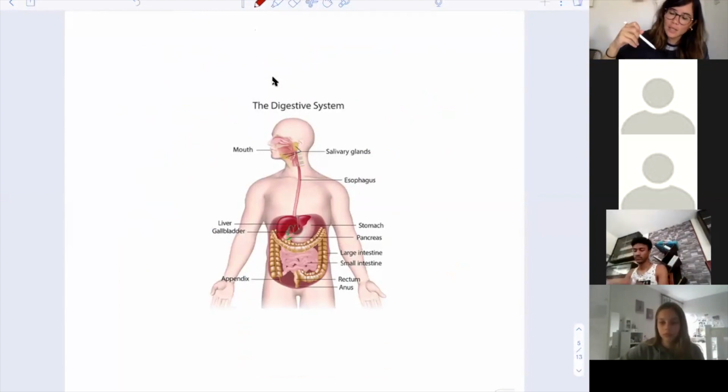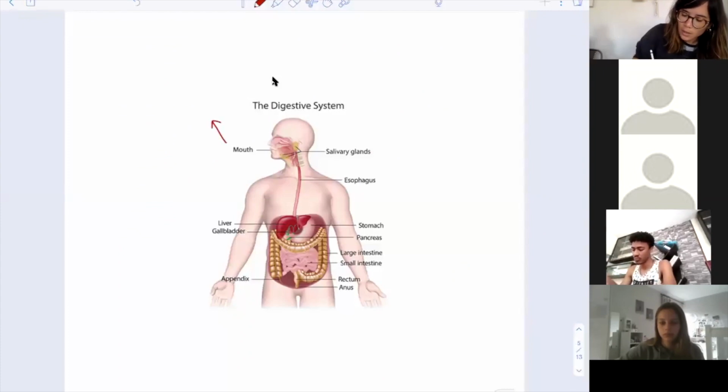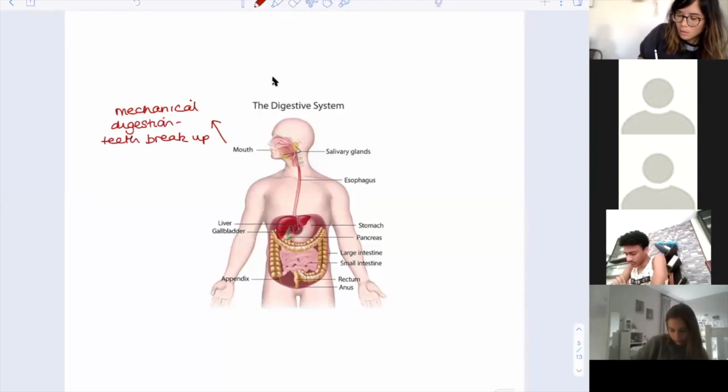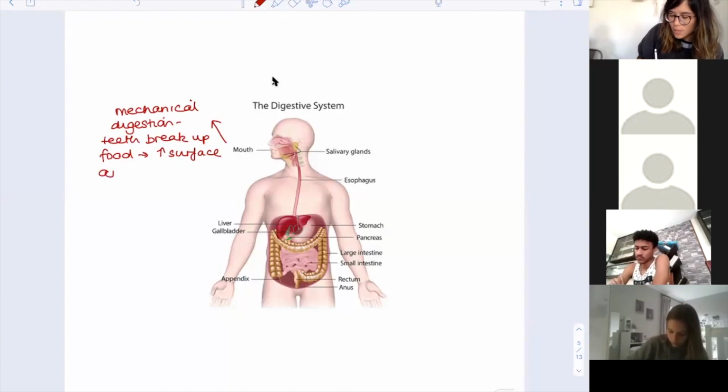Well, hopefully you can hazard a guess that because we have our teeth in our mouth, we know some form of mechanical digestion will take place as the teeth break up the food. Why? To increase the surface area. So you can write some really nice detailed answers here.